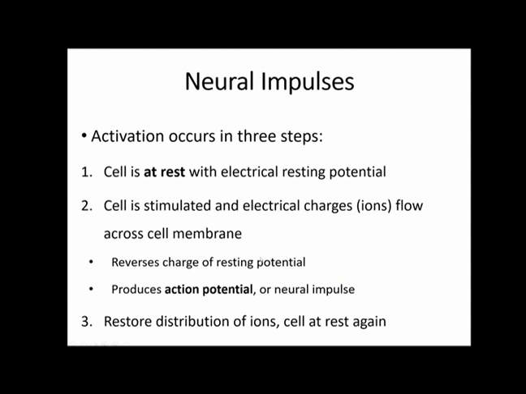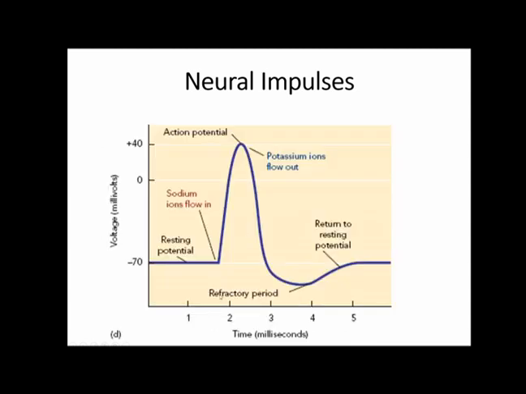And so from our description, we're saying the cell is stimulated and the electrical charges, our ions, flow across the cell membrane. So we're going to look at what's happening. So here, sodium, which is a positive ion, sodium is Na+, meaning that it has a slightly positive charge.